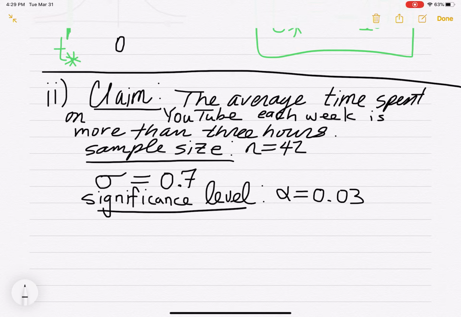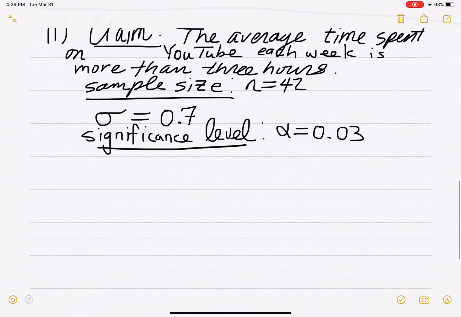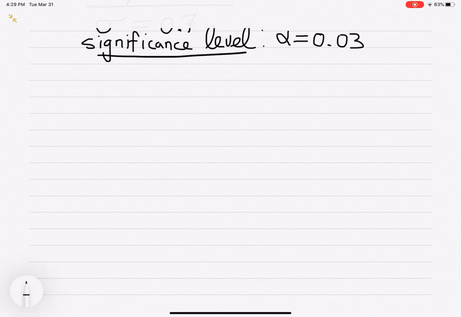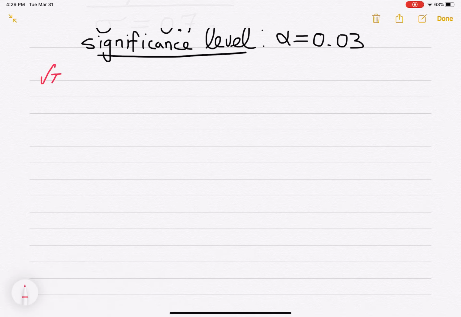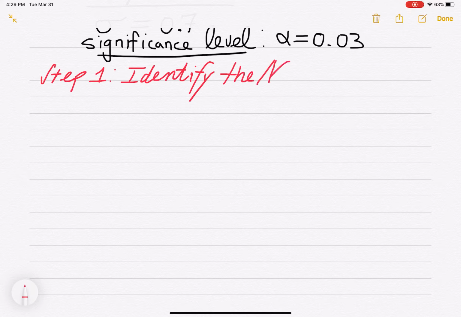So we want to do the first two steps of a hypothesis test, so here we go. Step 1. Identify the null and alternative hypothesis.